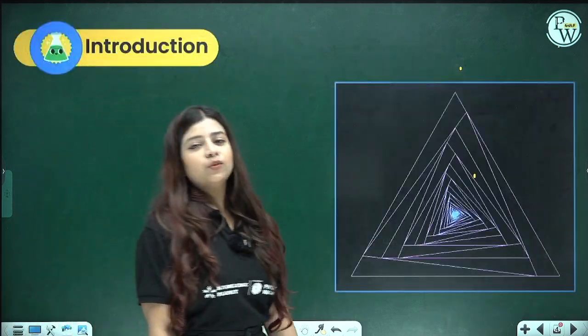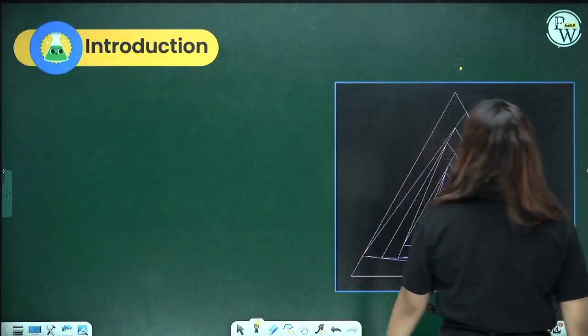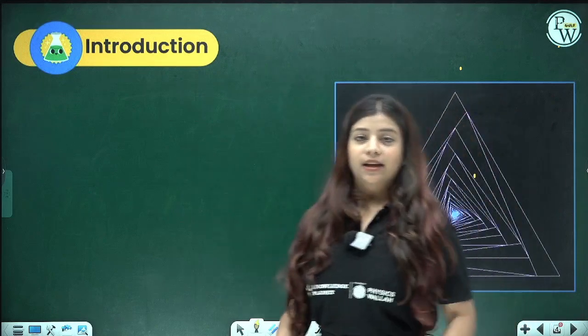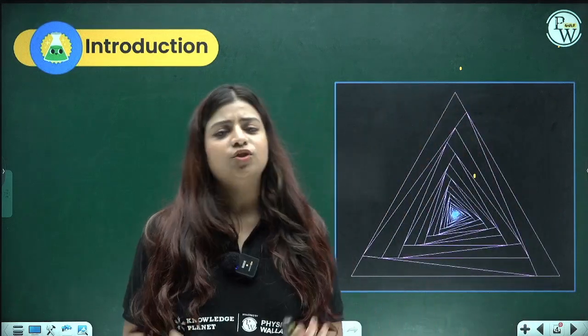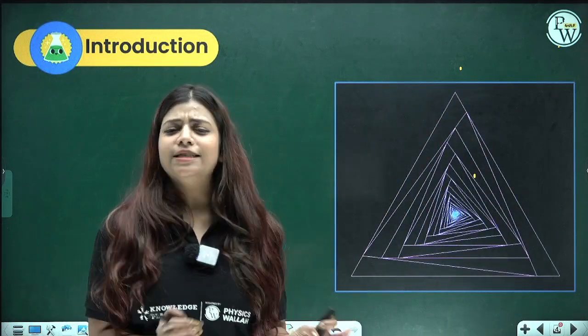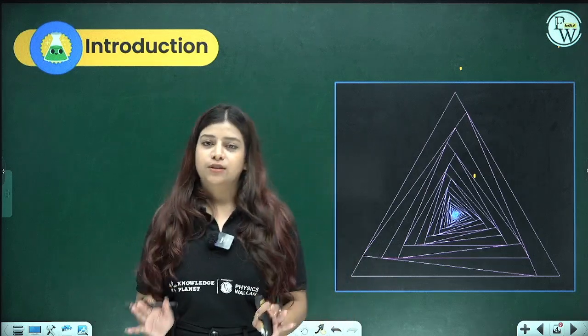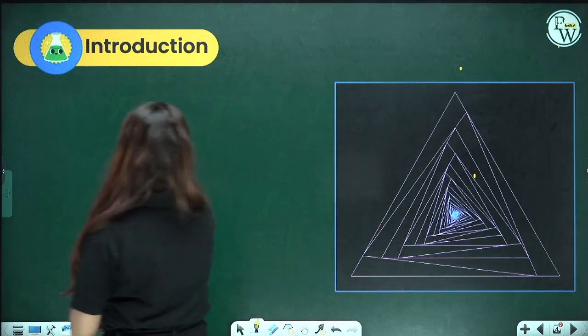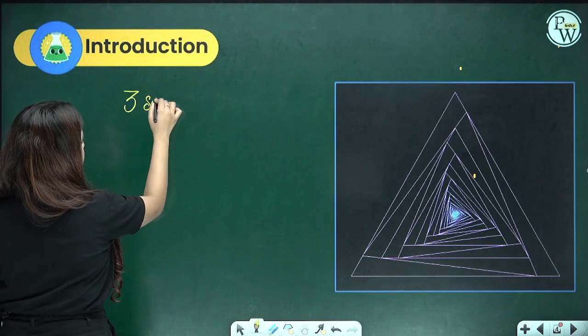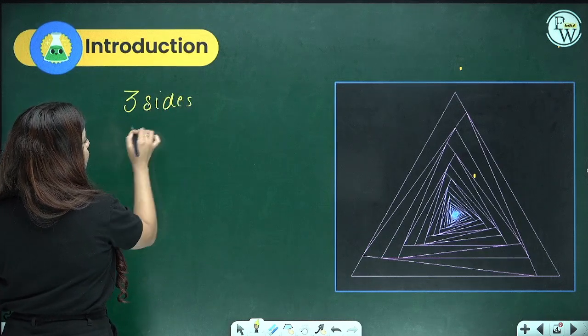So let's start with a basic introduction to the chapter, right? When we talk about triangles, we have heard about this shape since our junior classes, in our second, third class. We know what a triangle is, right? We know it comprises three simple sides and also three angles.